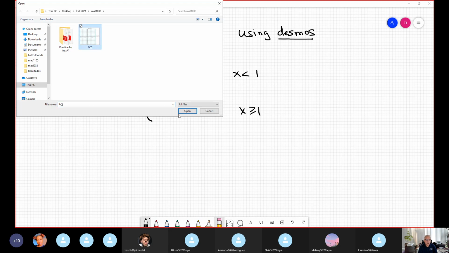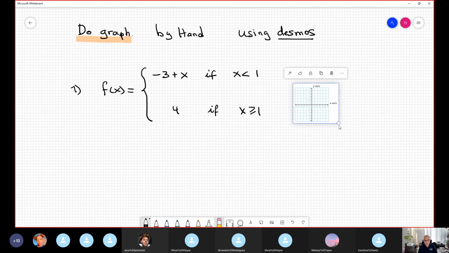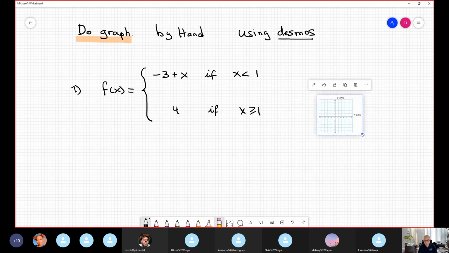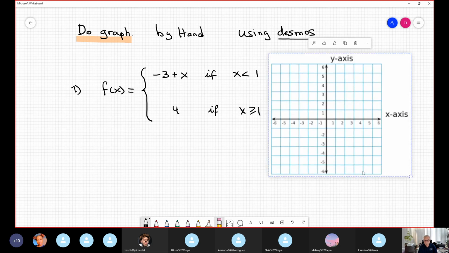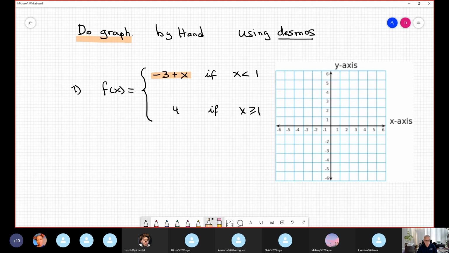I have my rectangular coordinate system by hand. Here I take the first piece. So y is equal to -3 plus x, or more elegantly, x minus 3.